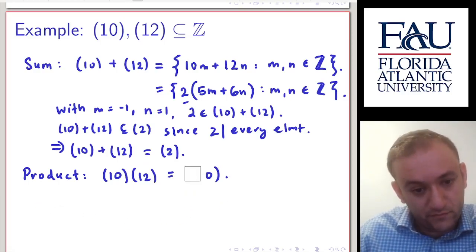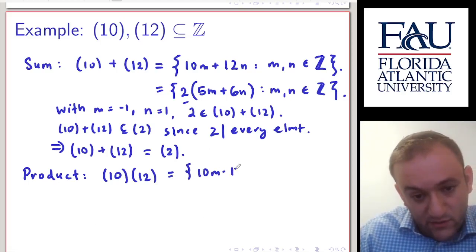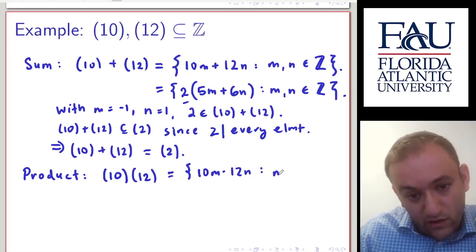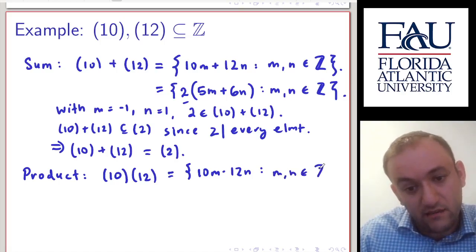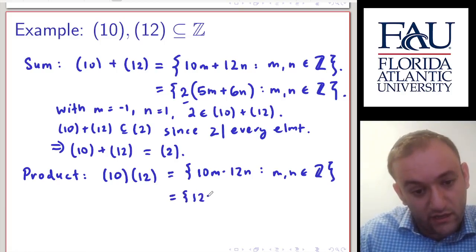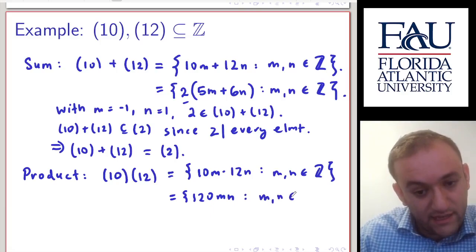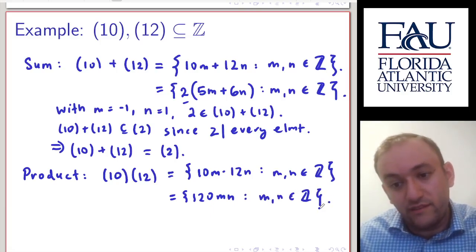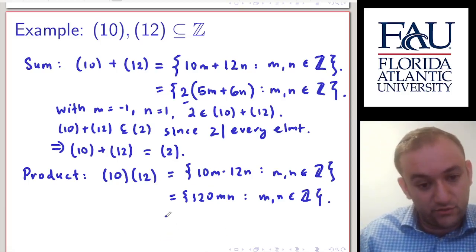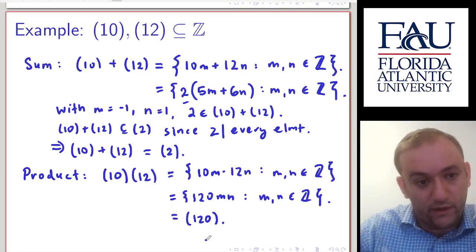Okay, let's actually just write that out a bit. So 10m times 12n, where m and n are in Z, this gives us 120mn, where m and n are in Z. Okay, and if you take m and n to be 1, this is clearly just the ideal generated by 120. Okay.